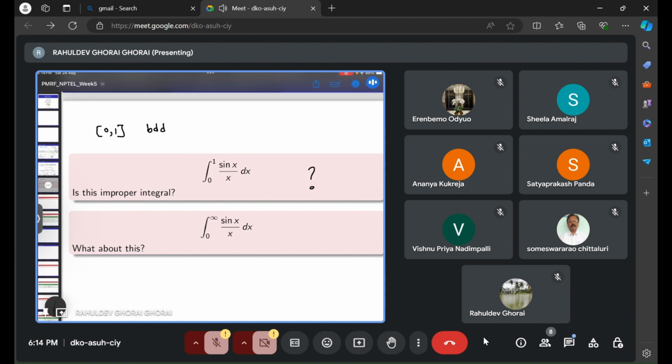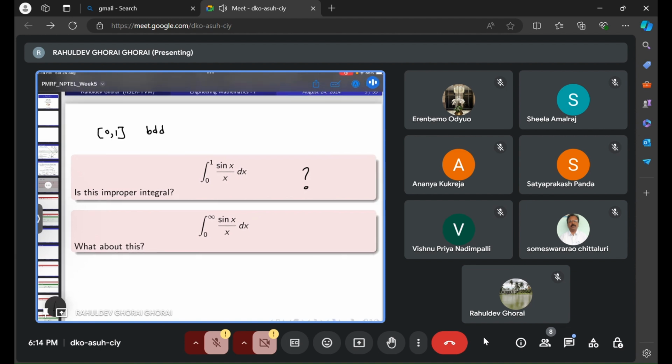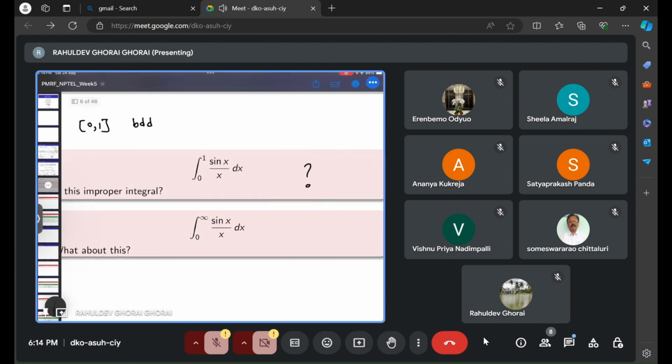do you see a discontinuity of sin x by x? Sin x over x is discontinuous on 0 to 1, or the limit does not exist.